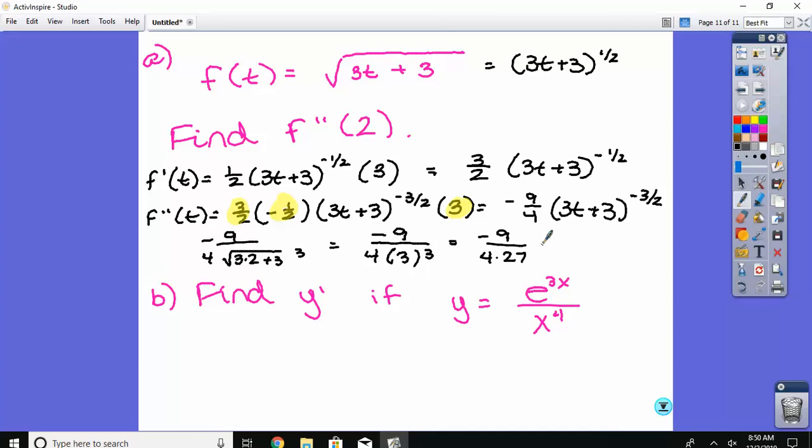Can I reduce to 9? If I'm doing this without a calculator, because 9 over 27 reduces to 1/3 times my 4.